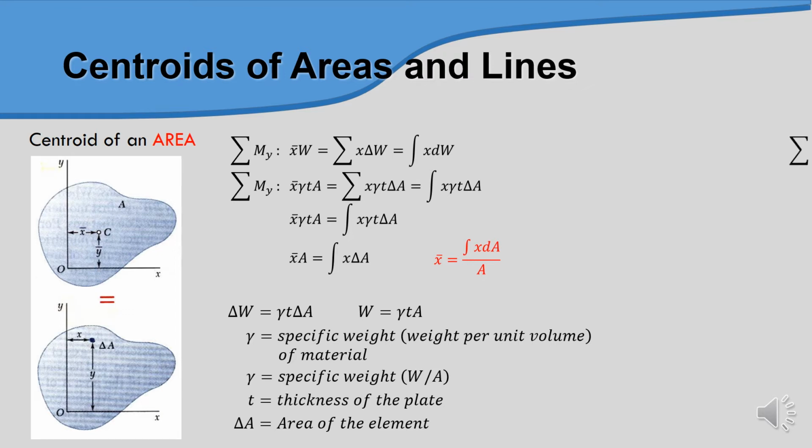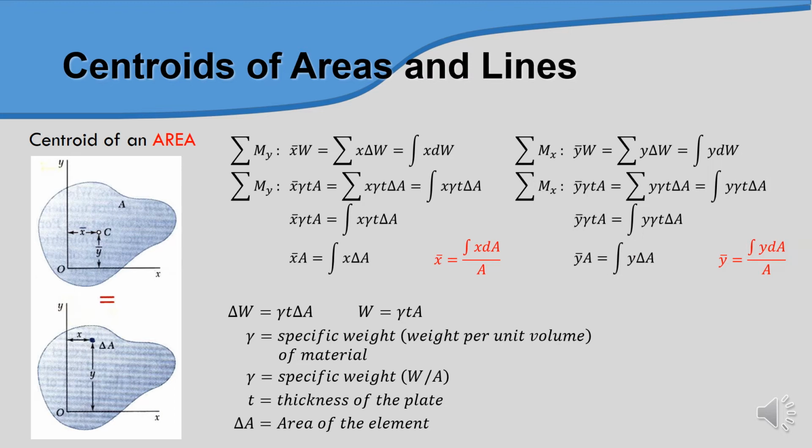Then it also happens to the moment at the x-axis, whereby we substitute the value and finally obtain y bar equal to integration of y dA over A. And for the centroid of area, we will have the coordinates x bar, y bar like this.